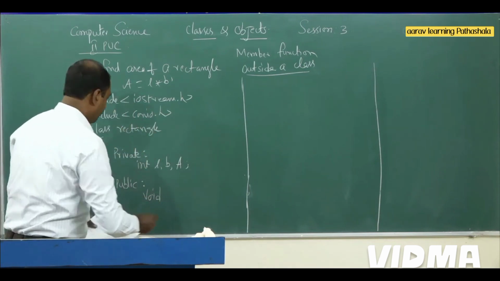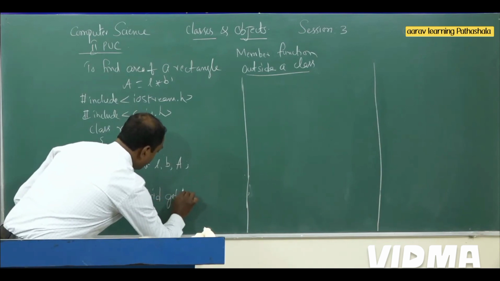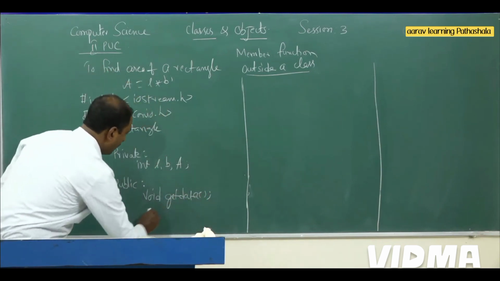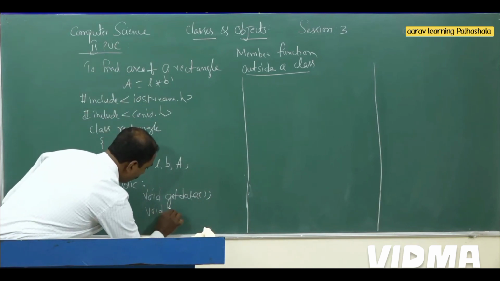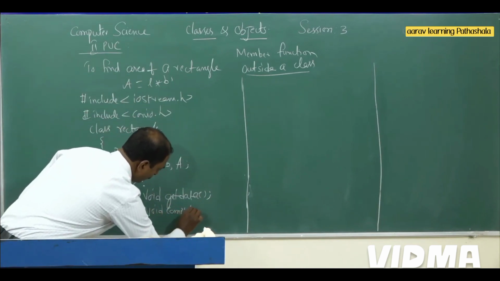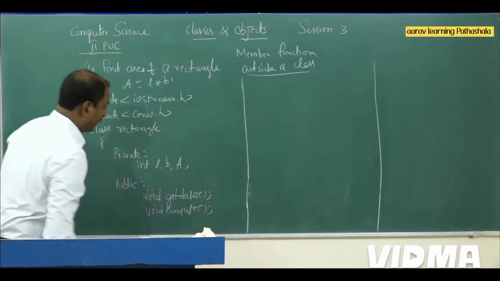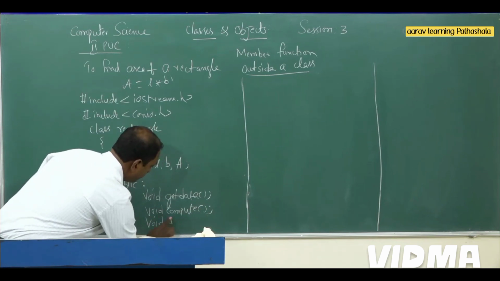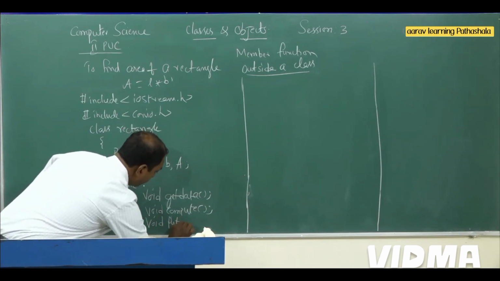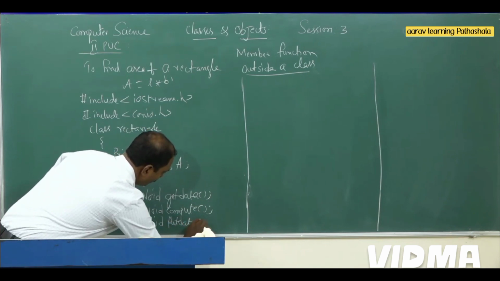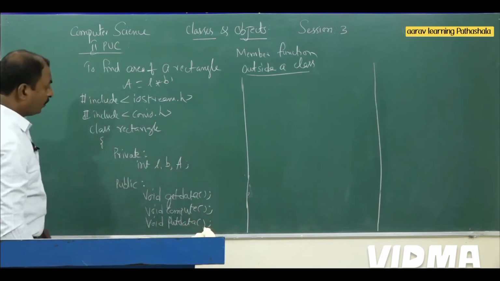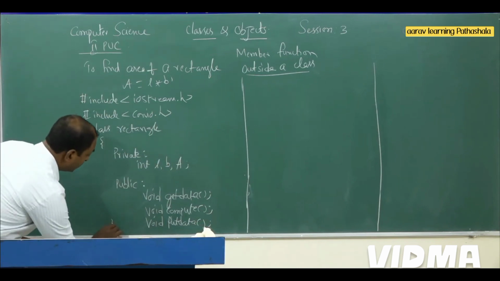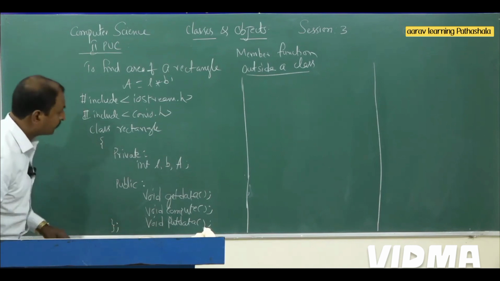Void get data semicolon, and here void compute, another function, and here one more function is void put data, another function. Now observe this, immediately after this I am closing the class with a semicolon.